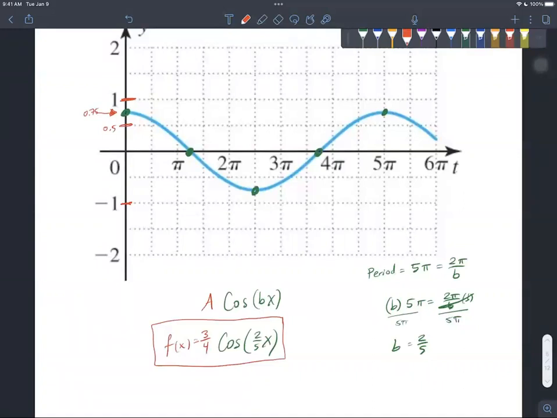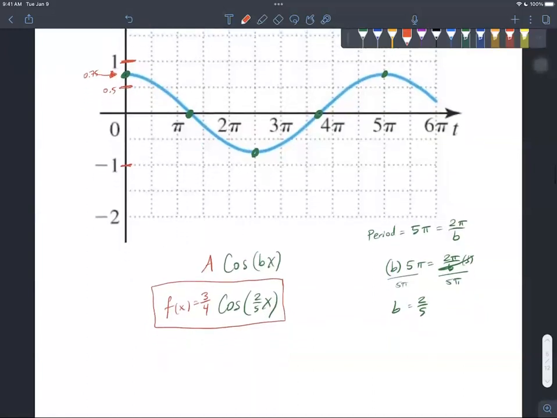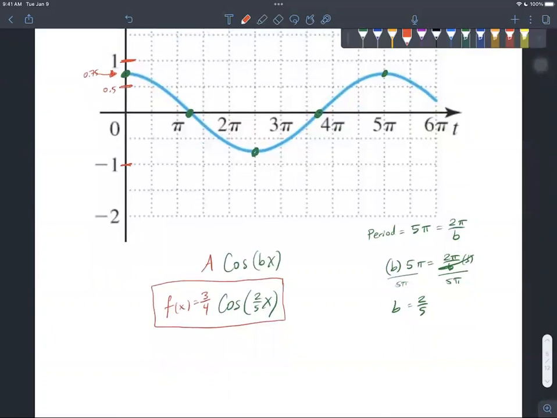All right, so this would give us a cosine graph whose amplitude is 3/4. There's actually a word here that we'll define: the amplitude.